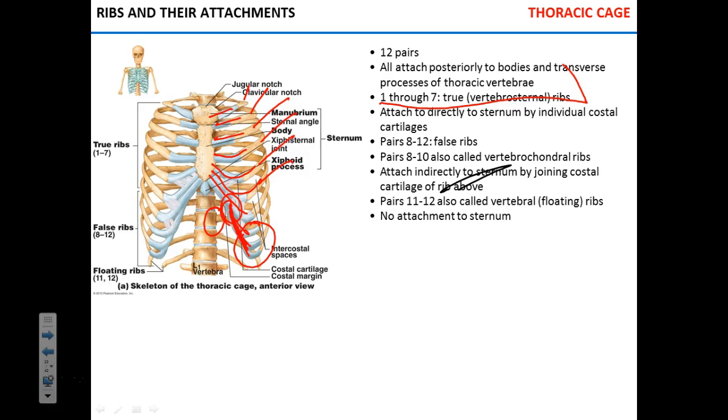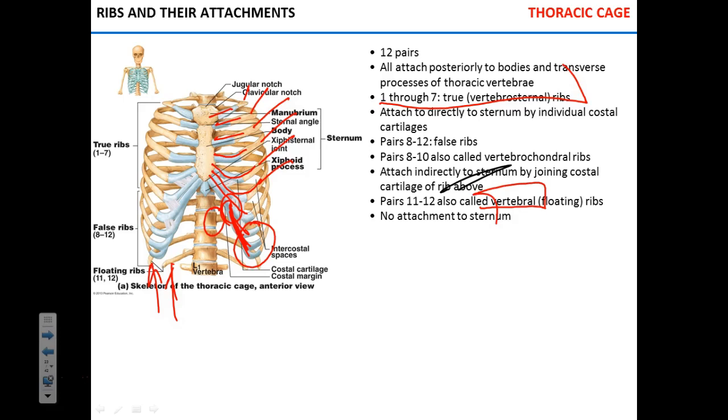Does that make sense? That's why they're called vertebro-chondral. Chondrum refers to cartilage. And the last two ribs are called floating. 11 and 12, floating ribs. Also called vertebral. They do not attach to the sternum.